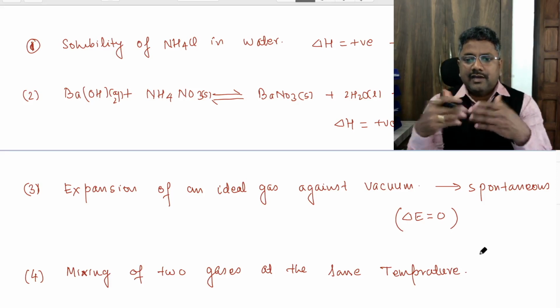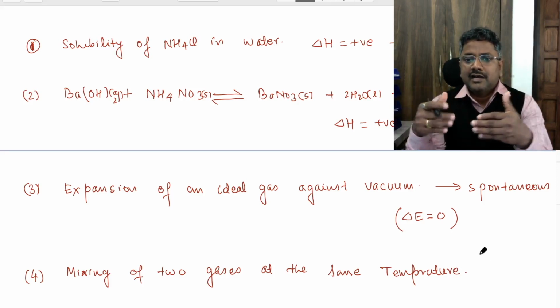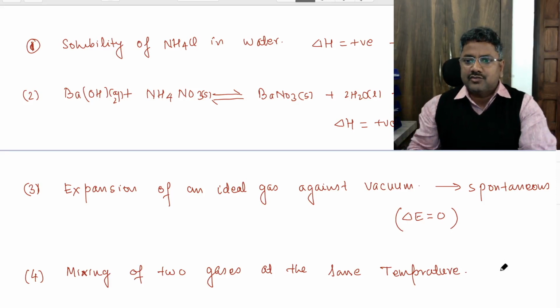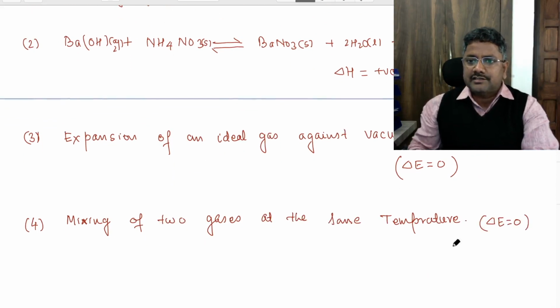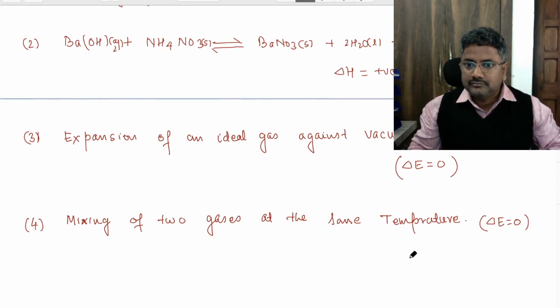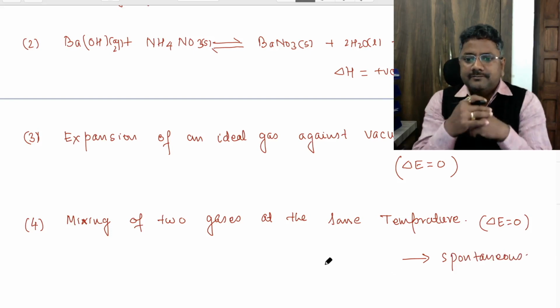Suppose you have two gases at the same temperature, so delta E is equal to 0 for that, although their mixing is spontaneous, right?